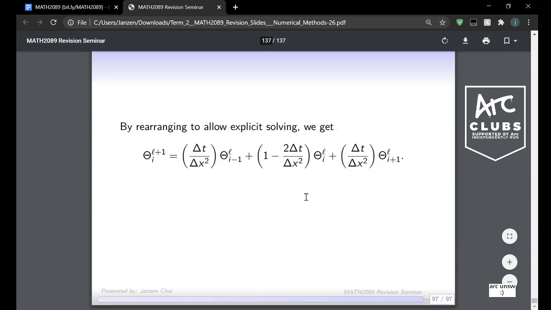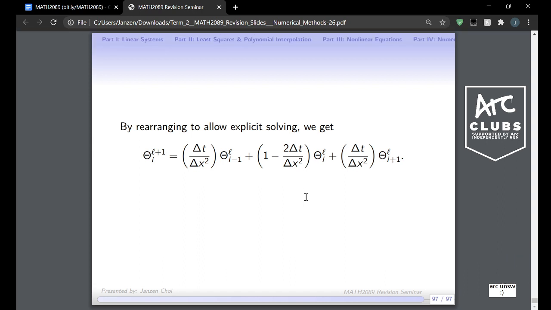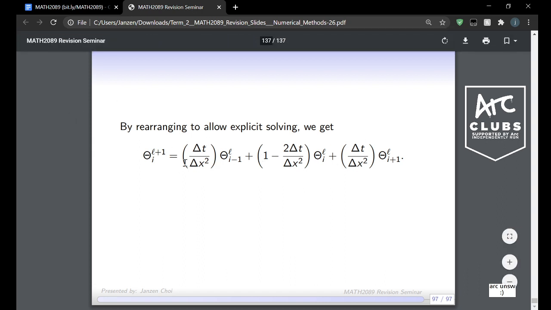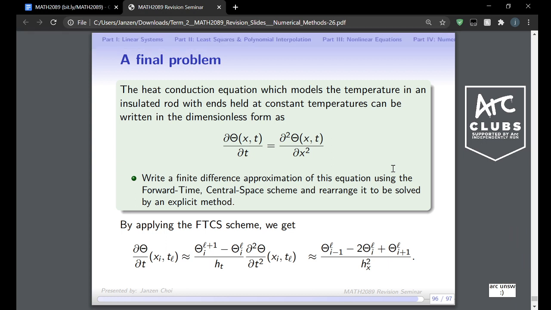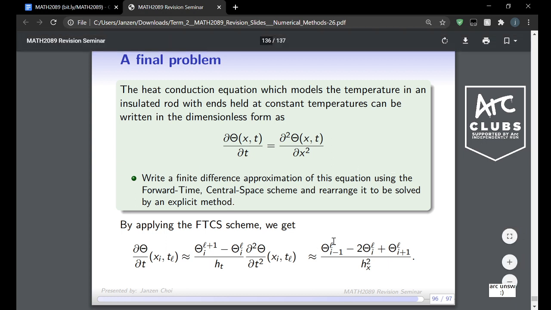Once we rearrange them, we replace the step sizes with delta t fractions, and that's basically it. And this is basically what the question will ask for.